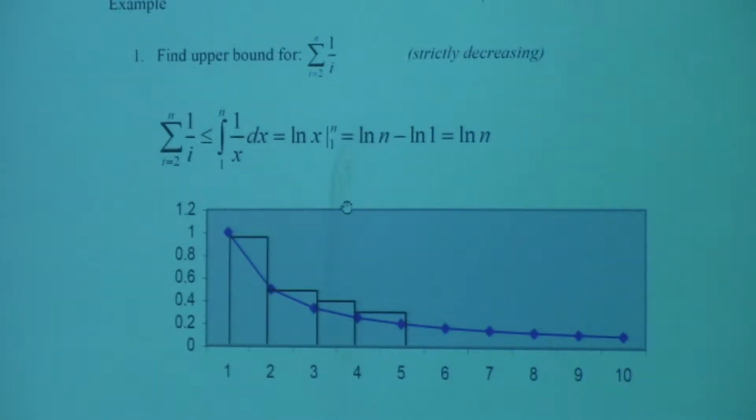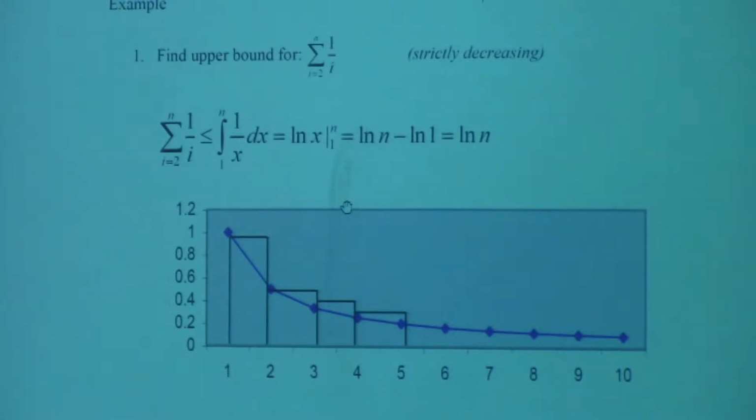But we know from the notes I just gave you today, or you may know from your other studies of math, that the integral of 1 over x dx is natural log of x. And I'm asking you to evaluate ln x from 1 to n. Therefore, it's going to equal ln n minus ln 1. And you already know that ln 1 is 0, because e to the 0 power is 1. Therefore, the answer is ln n.